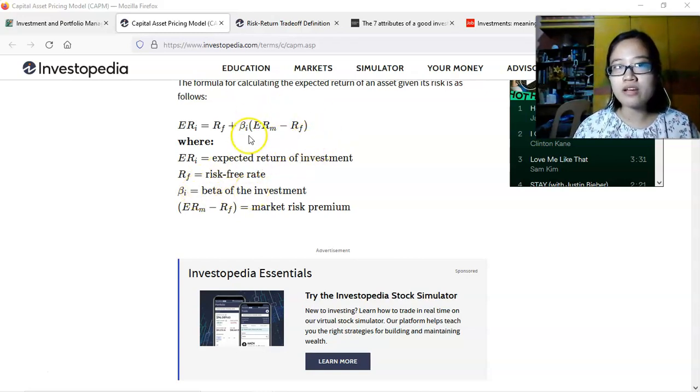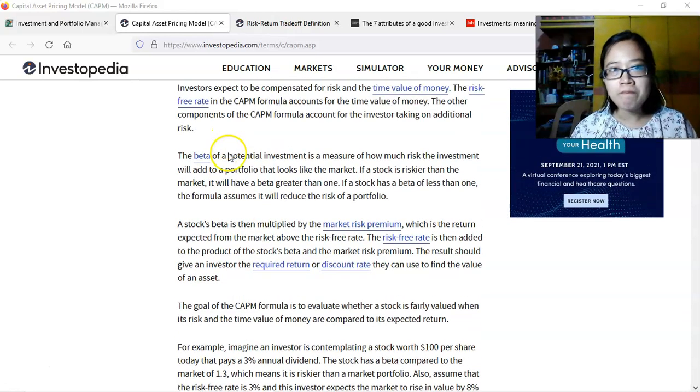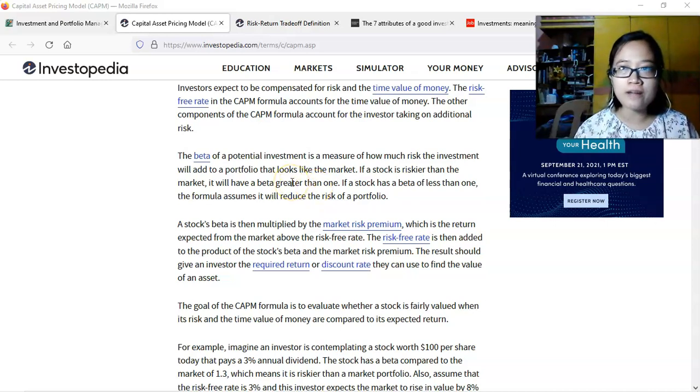And then we have the beta of the investment. Ano ba yung beta? Beta is the measure of how much risk the investment will add to the portfolio that looks like the market. So, kapag yung stock is riskier than the market, ang beta niya would be greater than 1. Kapag equal siya dun sa market, 1 siya.